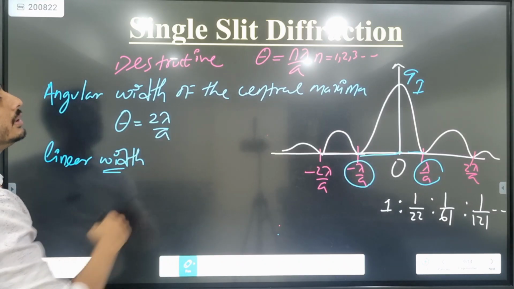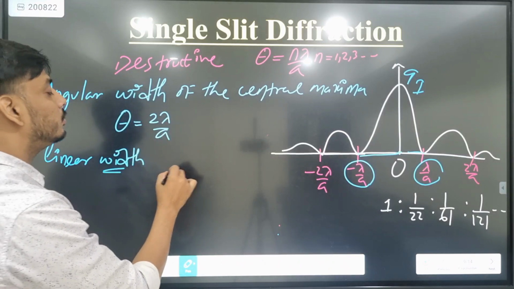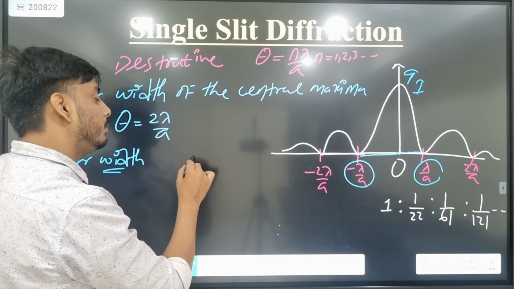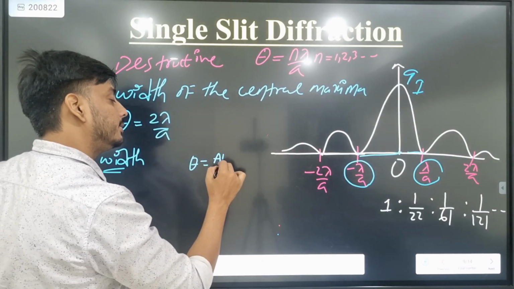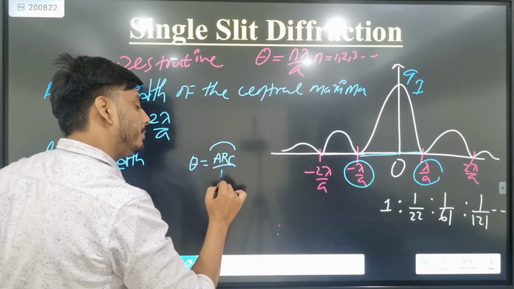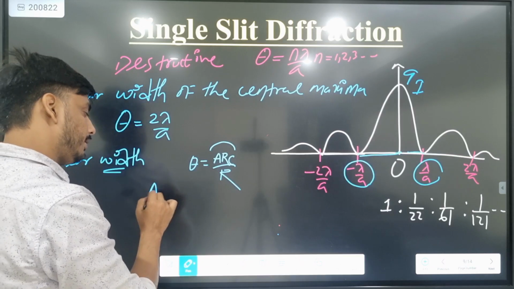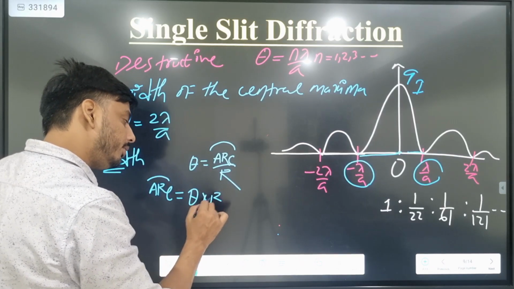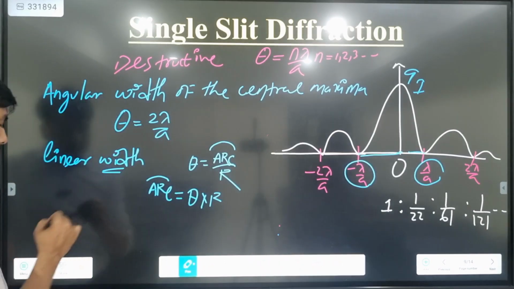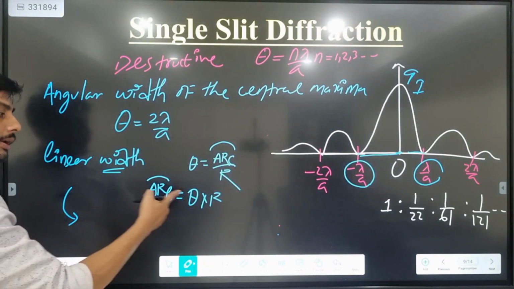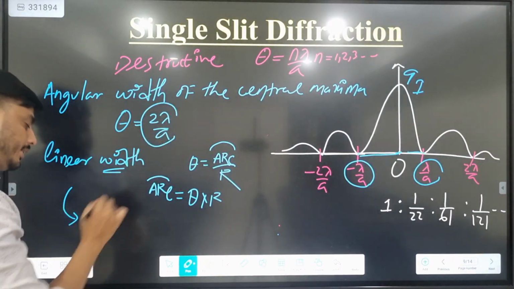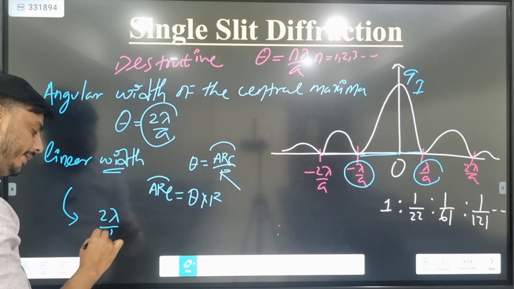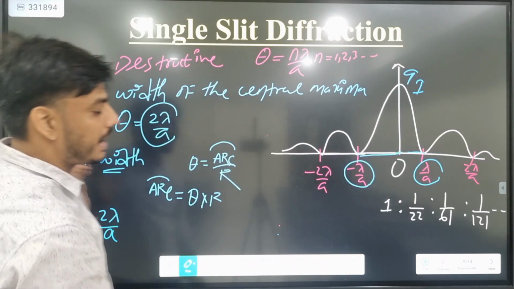Then what is the linear width of the central maxima? You must remember the formula theta equal to arc length by radius, so arc length equals theta into radius. We are going to use this formula. Here the linear width is theta, that is 2 lambda by a, times the radius. What is the radius here?